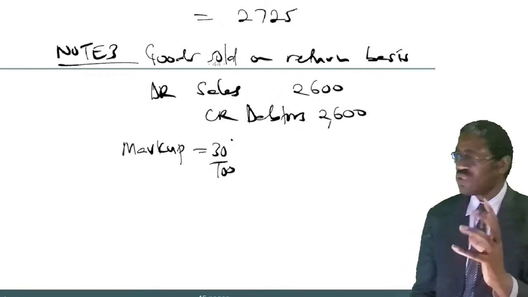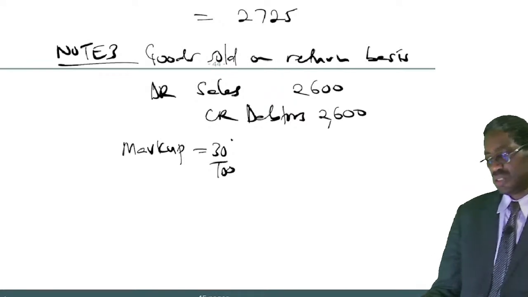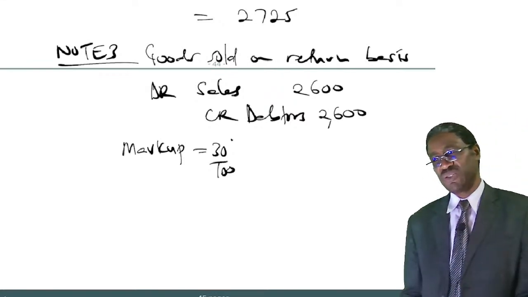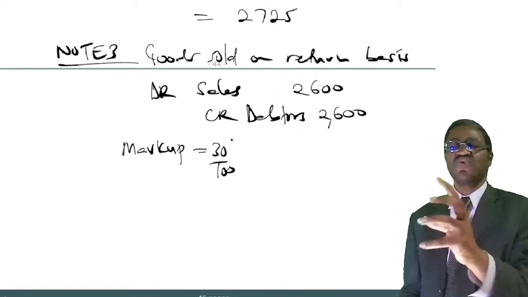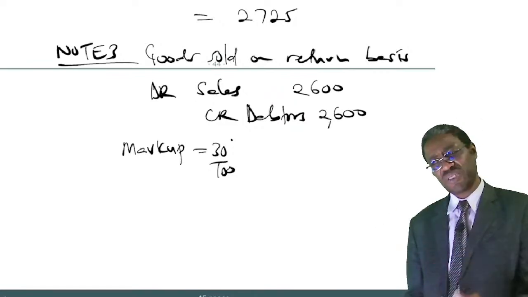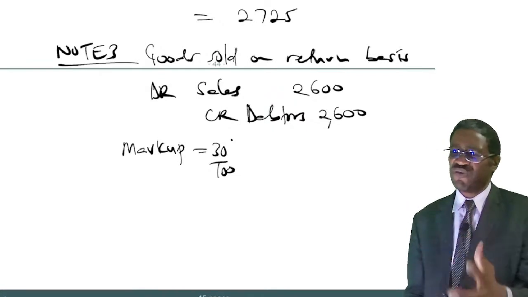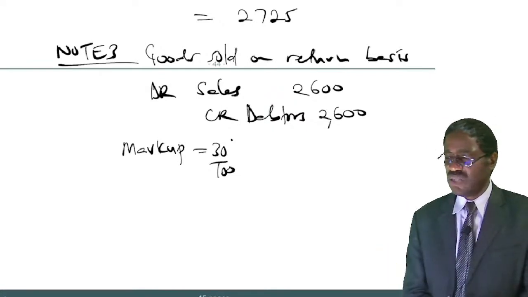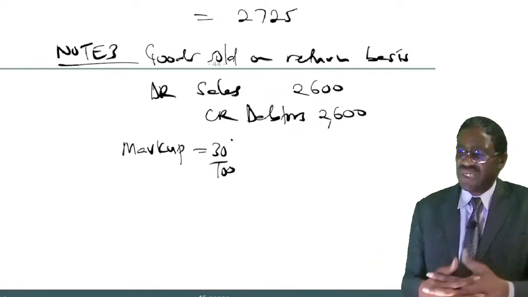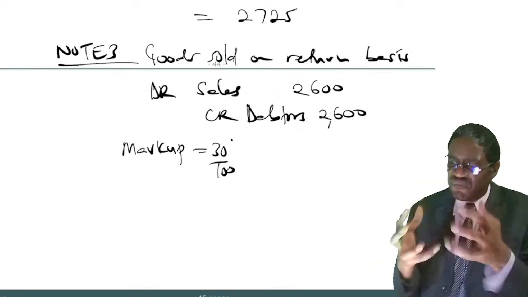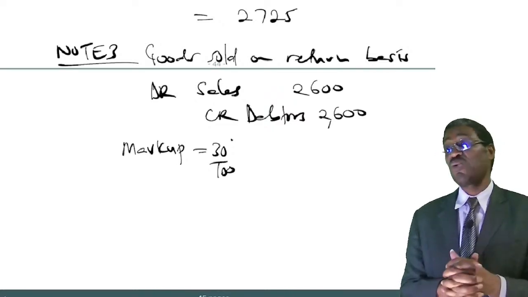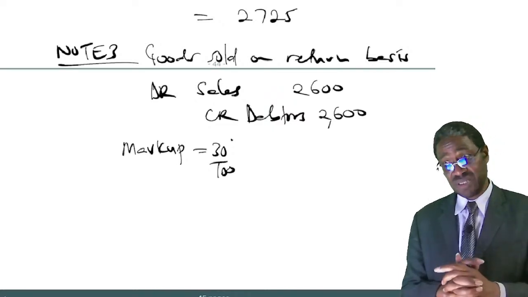From your accounting knowledge, if I want to get the cost of this 2.6 million, I just need to know the profit in that and I remove it. If I remove the profit from the 2.6 million, that automatically will leave me with the cost, because 2.6 million is the selling price. What is the profit loading in that 2.6? That's what we want to know. Listen.